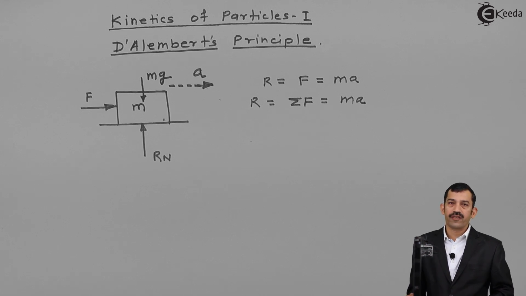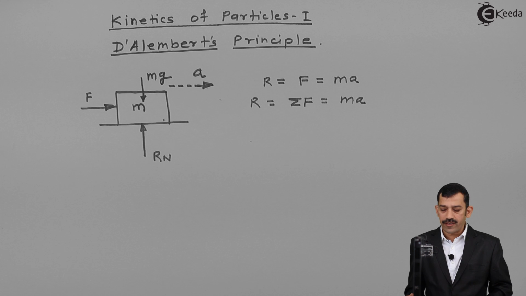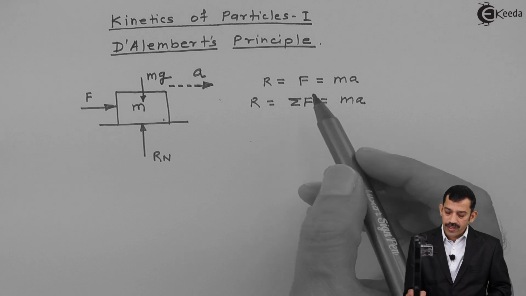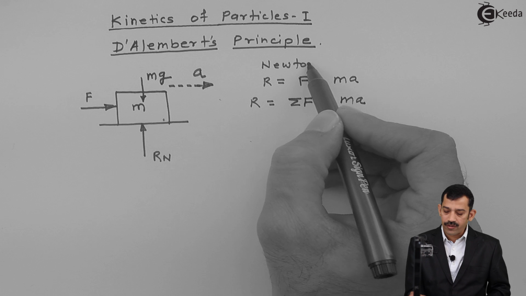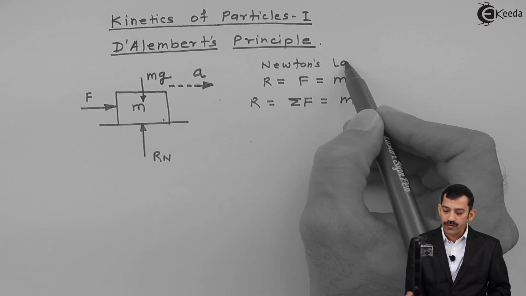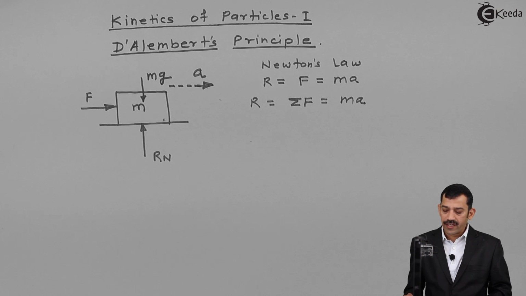If a number of forces are there, we will find the resultant applying our equation with proper sign convention, rightward positive or upward positive depending on the direction of motion. What we have written here is nothing but your basic Newton's law, or particularly Newton's second law, F equal to mass into acceleration.